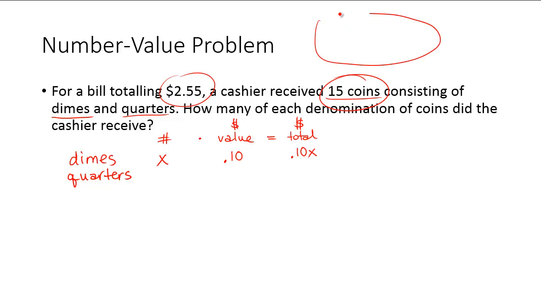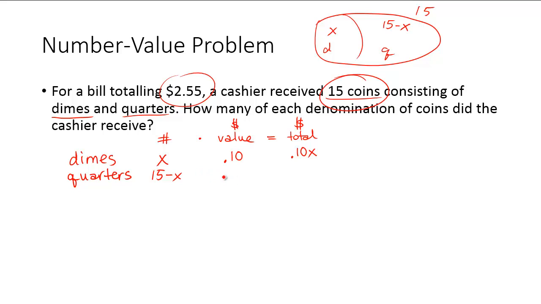So if we had 15 coins in total, and say, for example, 5 of them were dimes, how many quarters would we have? We'd have 10. How did you find that? Well, you went 15 minus 5. So if we don't know the dimes, we can in general say 15 minus X.